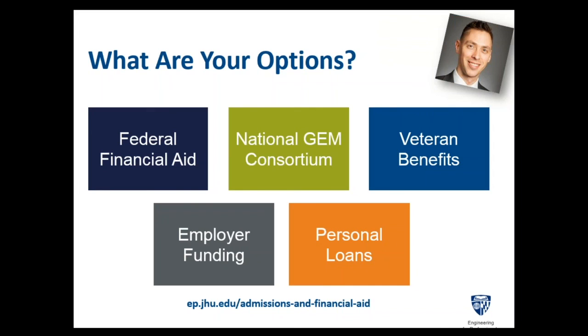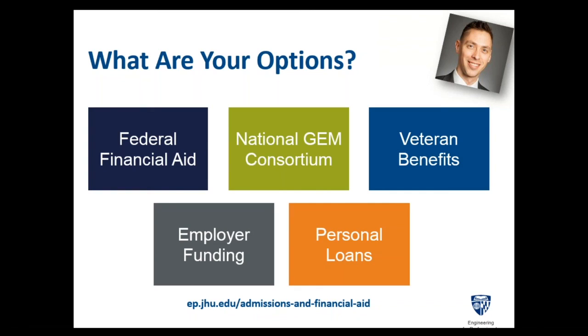Now, in terms of financial aid, what are your options? Well, there are 5 options listed here: federal financial aid, the National GEM Consortium, and so on. Unfortunately, we don't offer any scholarships through the Engineering for Professionals division, but we do have some funding options here available for you. If you want to find some additional information about these options, you can go onto our website.